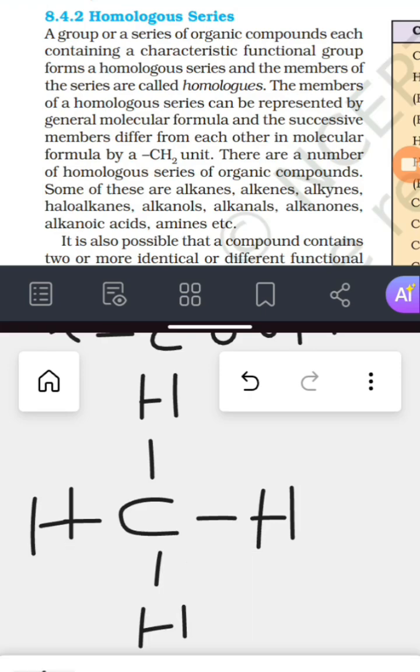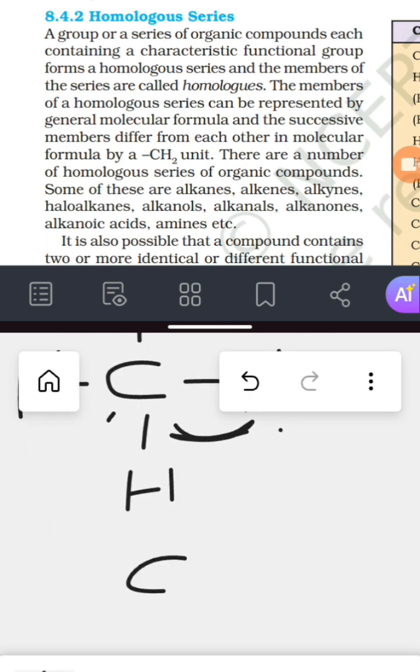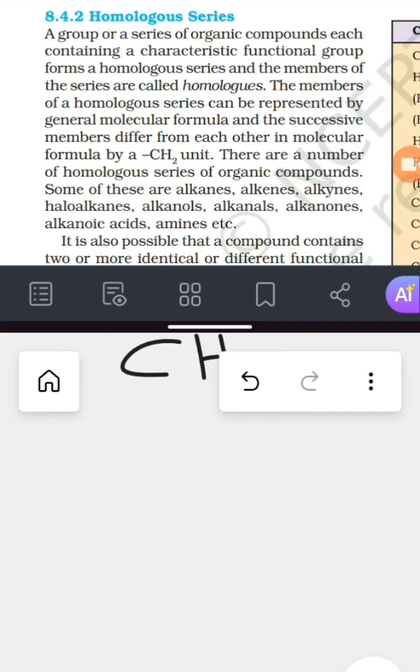Now in this methane, if I put some CH2 group in between carbon and hydrogen, then what will I get?